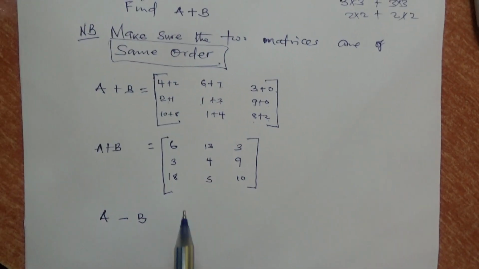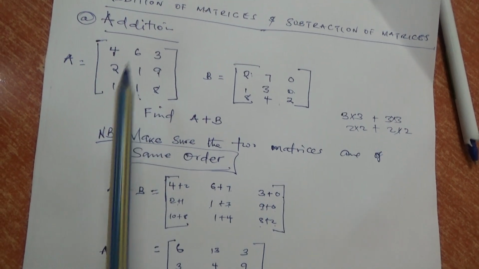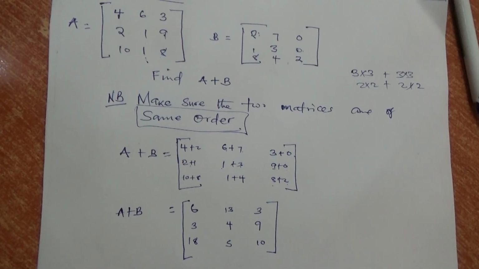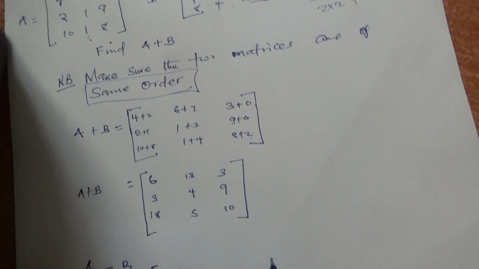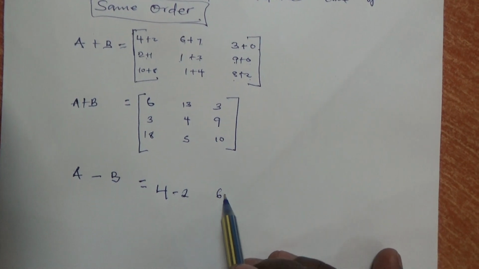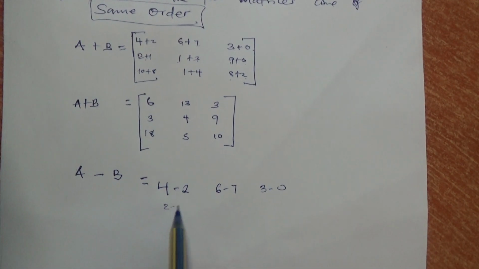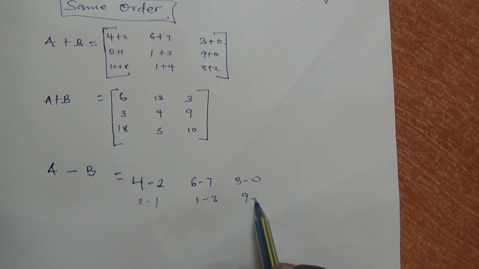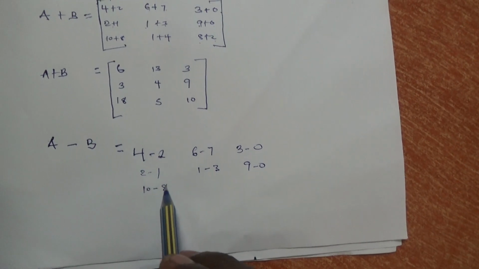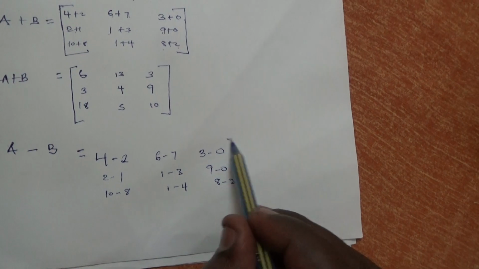So A minus B is going to be the value of A minus the value of B. So it is going to be 4 minus 2, and then we have 6 minus 7, and then we have 3 minus 0, and then we have 2 minus 1, and then we have 1 minus 3, and then we have 9 minus 0, and then we have 10 minus 8, and then we have 1 minus 4, and then lastly we have 8 minus 2.